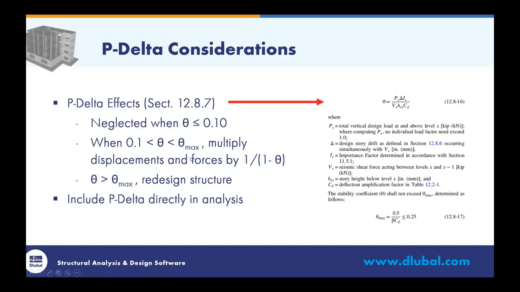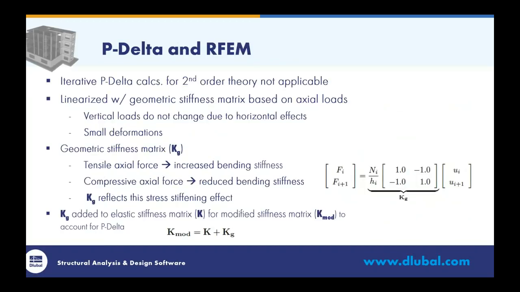So this might be fine for a simple application, but we maybe are rather interested in how we can include P-delta directly within the analysis. Well, when we take a look at P-delta, we actually cannot iterate P-delta calculations for second order theory within dynamic analysis. It just is not applicable.